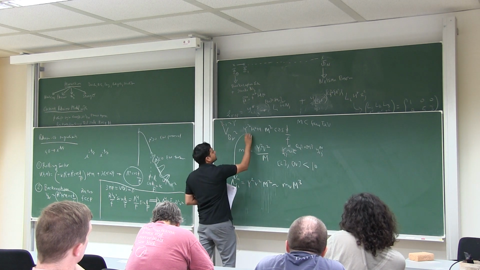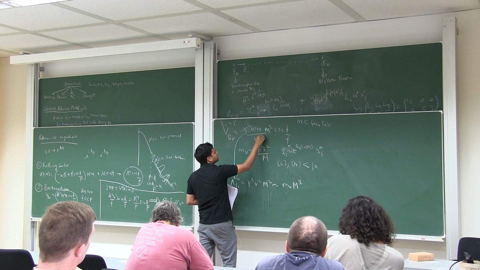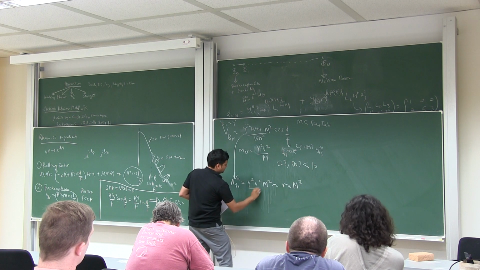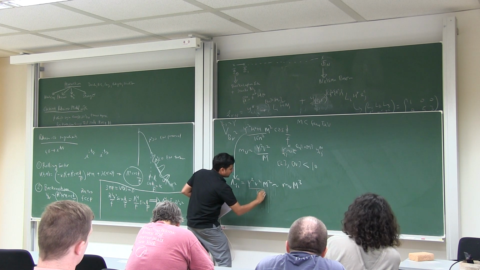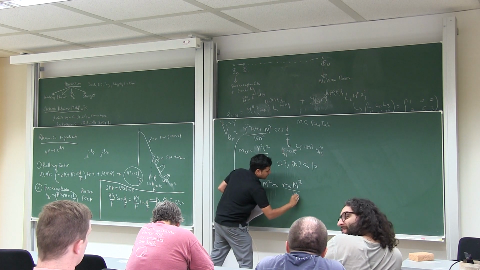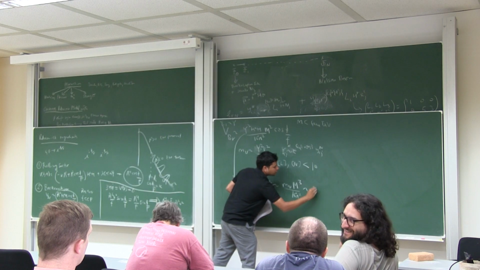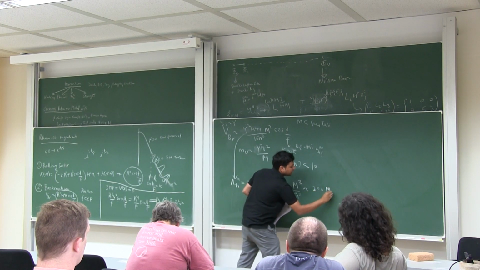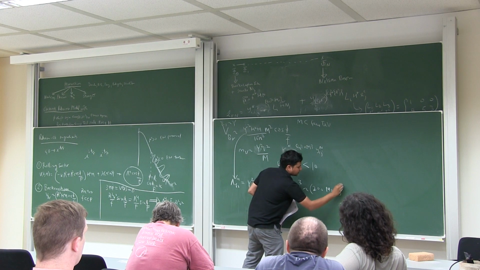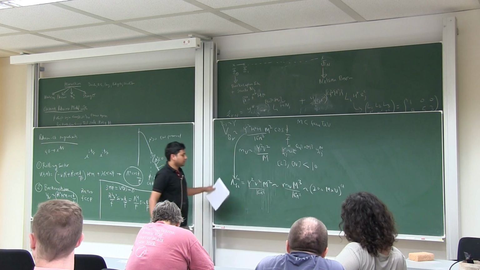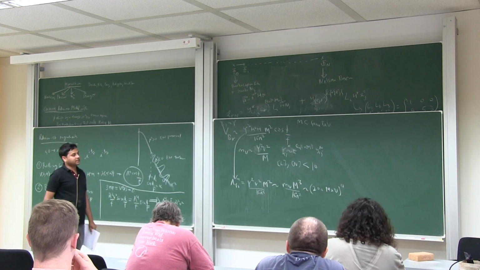There is a 16 pi squared because it's a one loop effect. And this gives you something like 200 MeV or something, roughly speaking. So this is our back reaction sector.